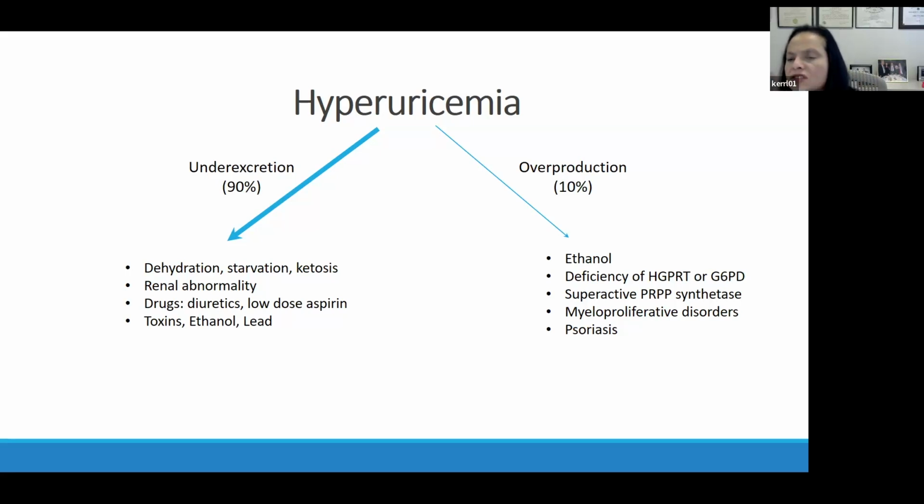Psoriasis, which causes overproduction of skin cells, is a form of overproduction of purines and can lead to superimposed gout in addition to psoriatic arthritis. And myeloproliferative diseases due to ineffective erythropoiesis are commonly causes of urate overproduction and acute gout.